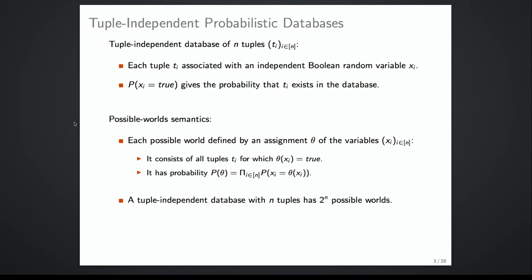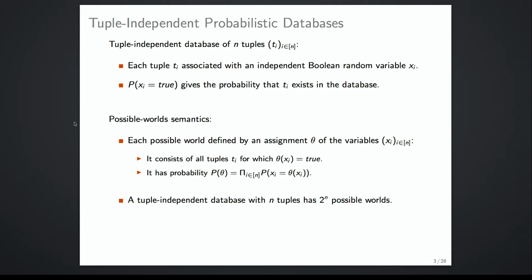And how you can compute the probability of a world? Well, you look at the variables in the database you have, right? And you take a total assignment over the variables that defines the world, and then you take the product of the probabilities of these assignments. If x1, for instance, is true, this means the tuple t1 is in the database.